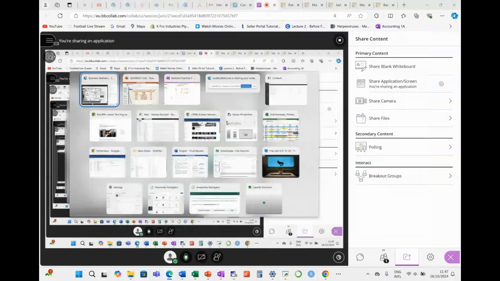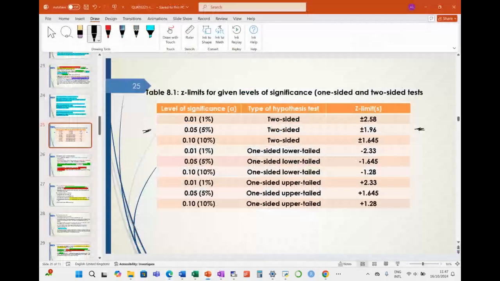Oof. It is definitely one-sided. Yeah, one-sided lower. The lower answer is the lower. Give us a second.